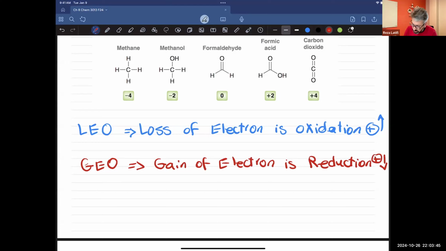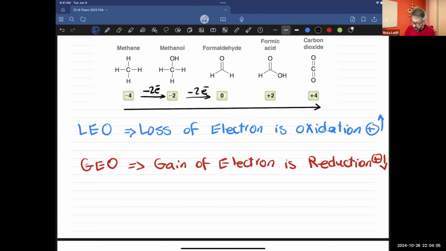As you see, if we move to the right side, the oxidation number is getting more positive. That means we are losing electrons, and from -4 to -2, we lost 2 electrons, and then here again 2 electrons.